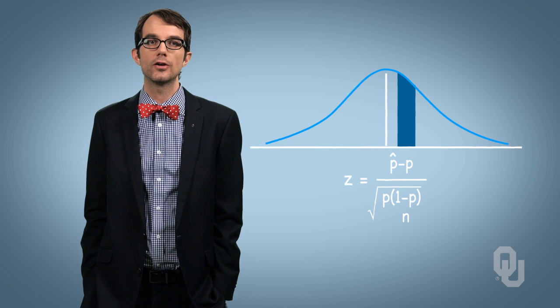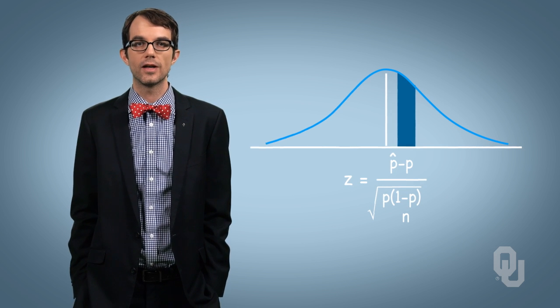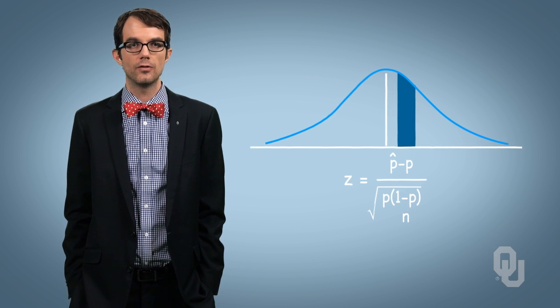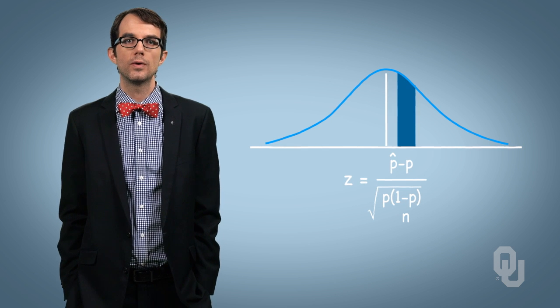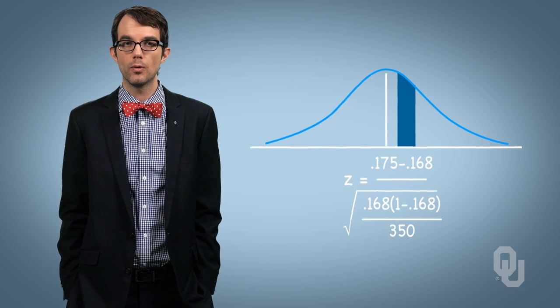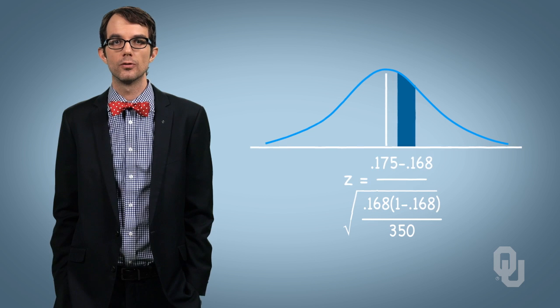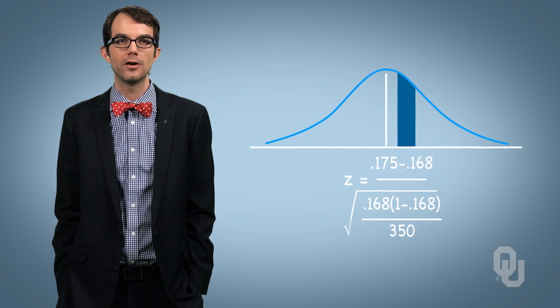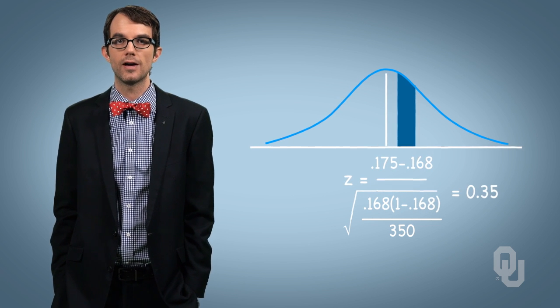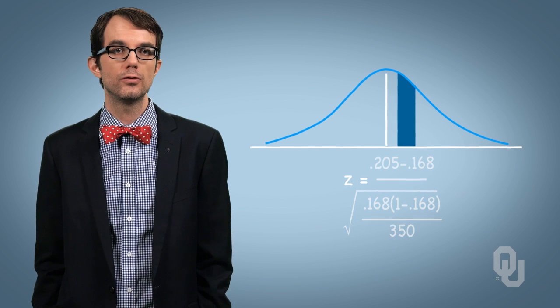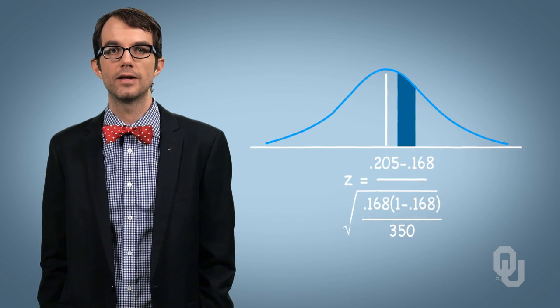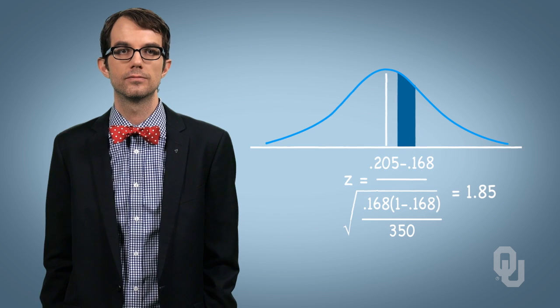How different is the value on the axis from the mean in standard deviation units? Converting 0.175, we get 0.175 minus 0.168 divided by the square root of p times 1 minus p over n, which is 0.35. And we convert 0.205 in a similar way, finding that z is 1.85.